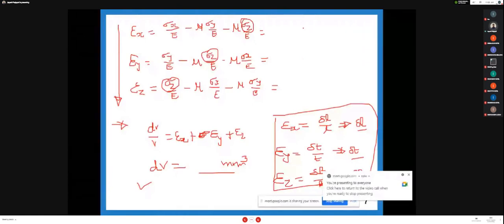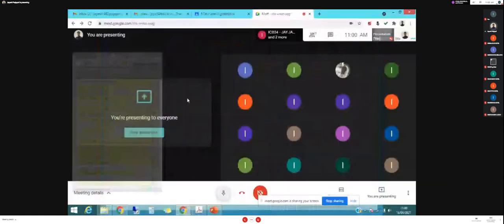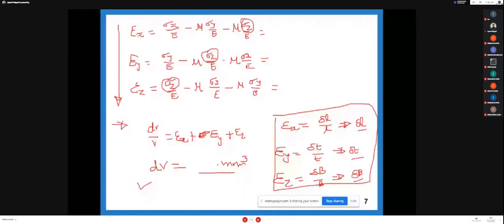But whenever you multiply by the volume, your volume is 500 by 50 by 25, you are getting around 23 something. Multiply the volume. So change in volume is 31.75.